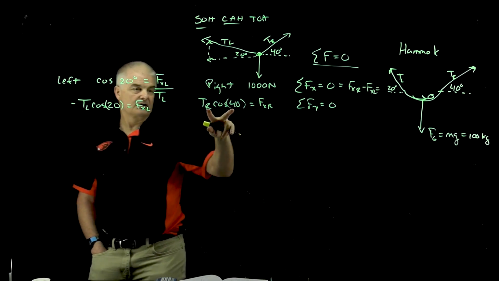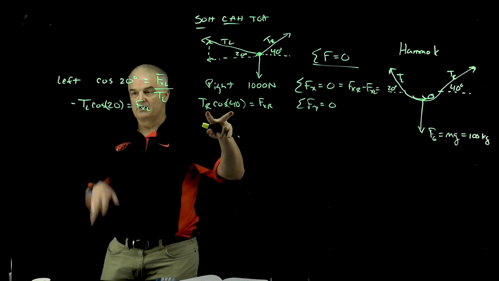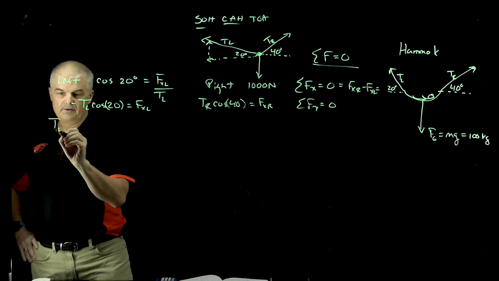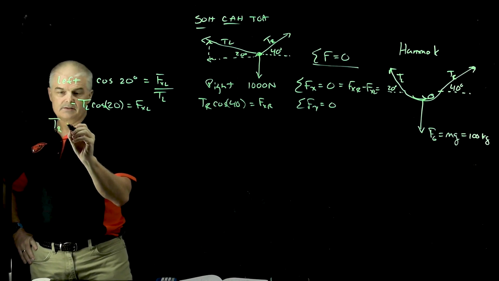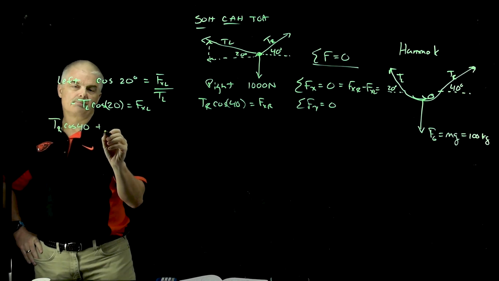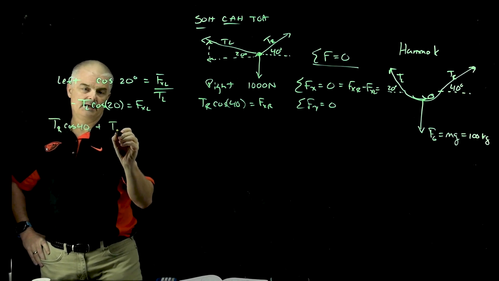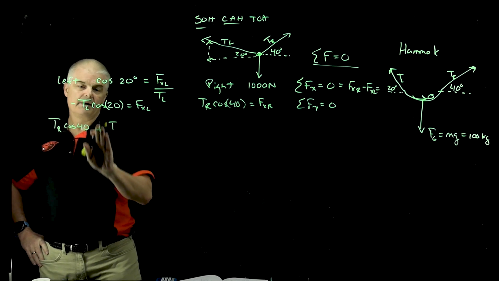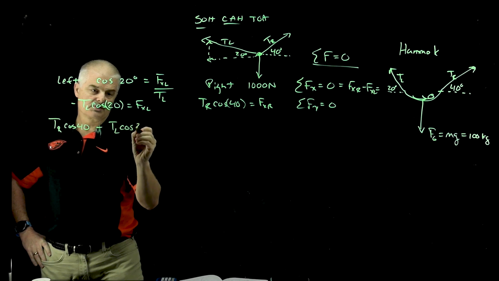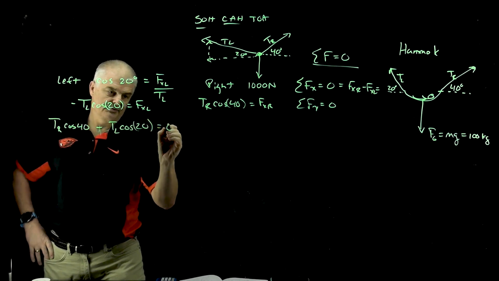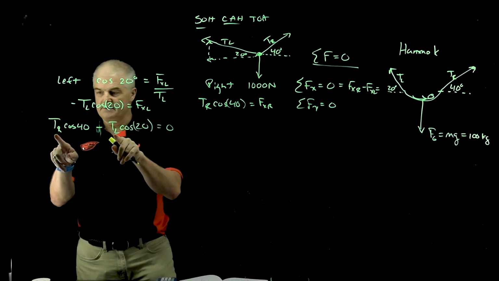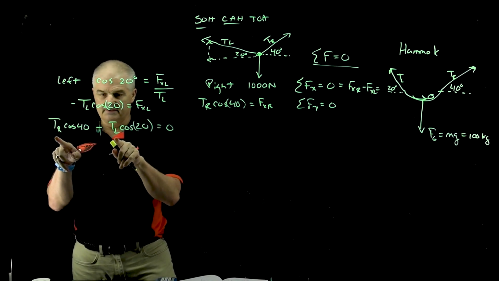I'm just going to write it out in terms of TR and TL: TR times the cosine of 40 minus TL cos 20 equals 0. So that's equation 1.